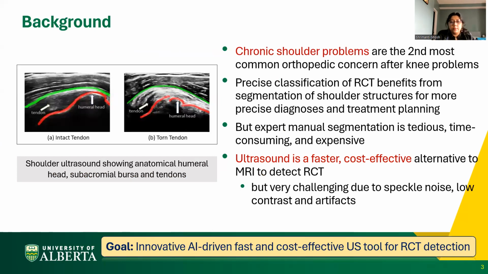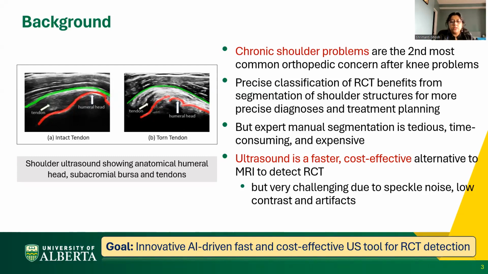So just to give you a little background on this, chronic shoulder problems are the second most common orthopedic concern after knee problems. And so that is why precise classification of rotator cuff tears benefits from segmentation of relevant structures for more precise diagnosis and treatment planning.